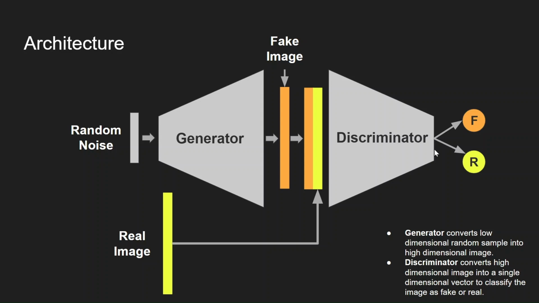So this is going to give us either 0 or 1, fake or real. The generator is going to convert the low dimensional random sample into a high dimensional image, and the discriminator is going to convert that high dimensional image into a single dimensional vector to classify the image as fake or real.